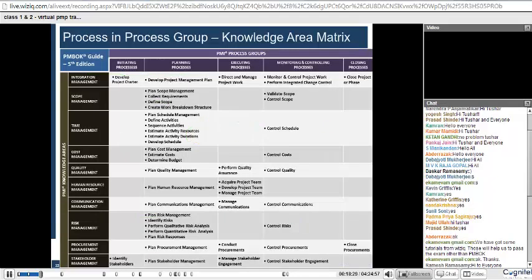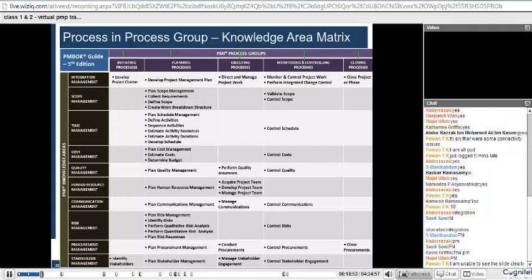Okay, so this is the matrix. This is the process group matrix. This is the knowledge area matrix, or however you want to say. I'll tell you how to read it. On the top, you see the columns: initiation, planning, execution, monitoring, controlling, and closing.